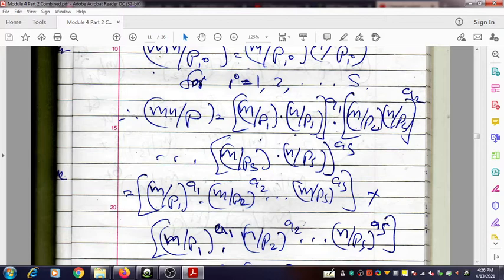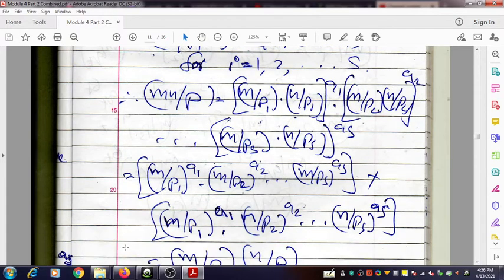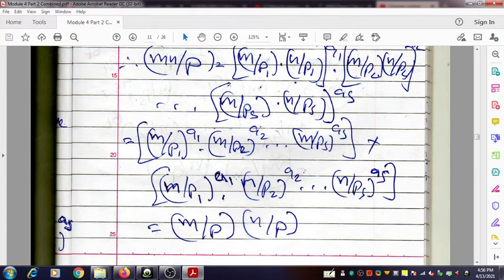Now you can collect all the first numbers from every bracket together with their exponents, and writing it in a bracket, we get (m/p1) raised to a1 into (m/p2) raised to a2 into etc. to (m/ps) raised to as, into the remaining ones, which are the numbers corresponding to n: (n/p1) raised to a1 into (n/p2) raised to a2 into etc. to (n/ps) raised to as.